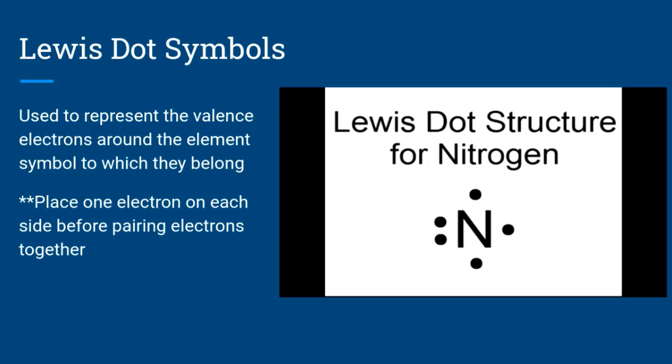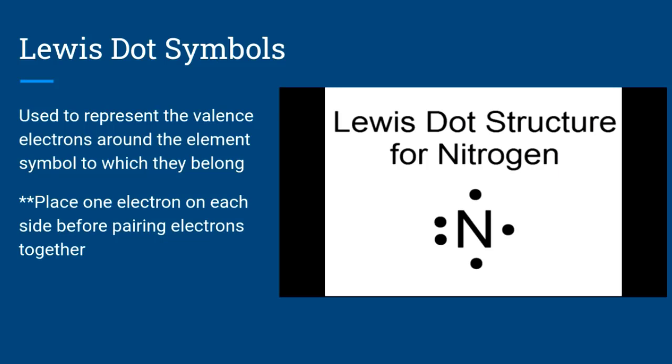I've given the example of nitrogen, which has 5 valence electrons. But look at how the electrons are placed around the symbol. They're not all paired. We have a pair and 3 singles. That's important to note because it's following Hund's rule here.